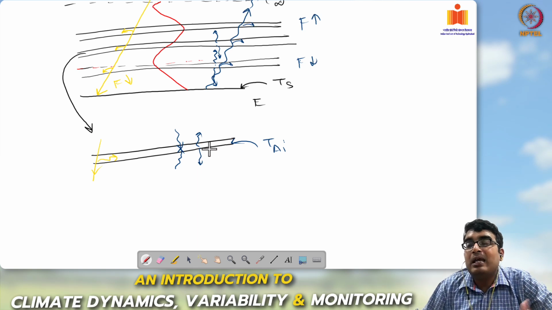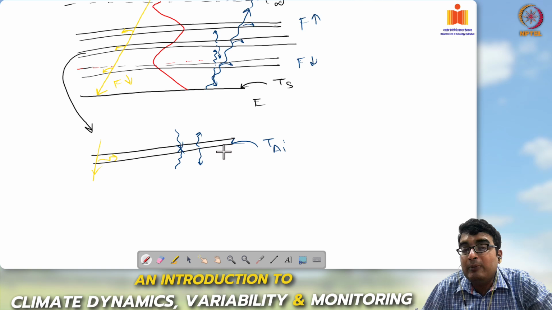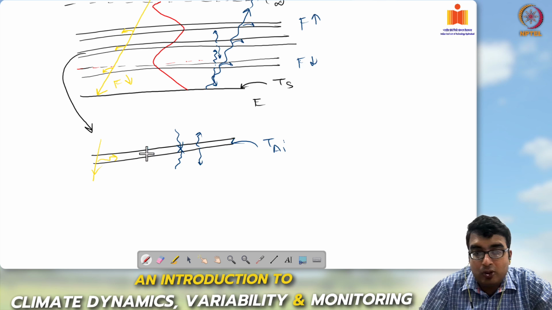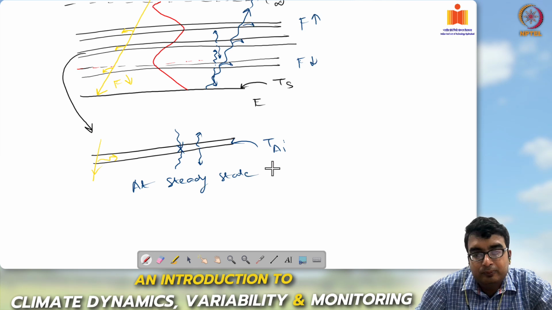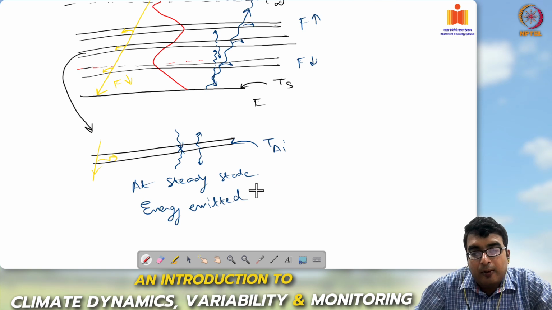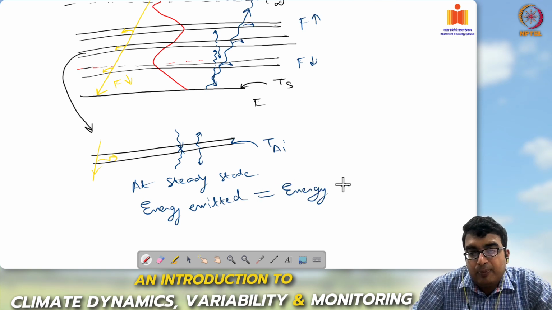And if the temperature is going to remain constant through time, this will be balanced by how much radiation this layer is absorbing. So at a steady state, energy emitted must be equal to energy absorbed.